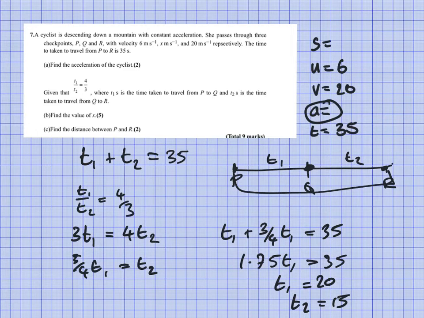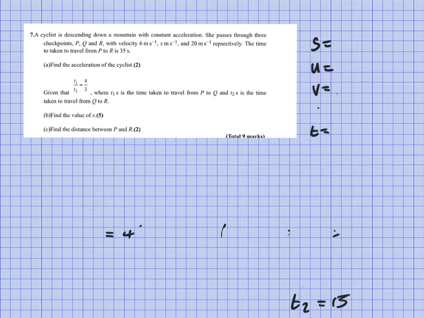We know the time taken to go from P to Q, so we can use the initial information and the acceleration that we just calculated to find the speed when it hits Q. Okay, so we have established that the acceleration is 0.4 meters per second squared in part A. We've just now established that the time taken to go from P to Q is 20.